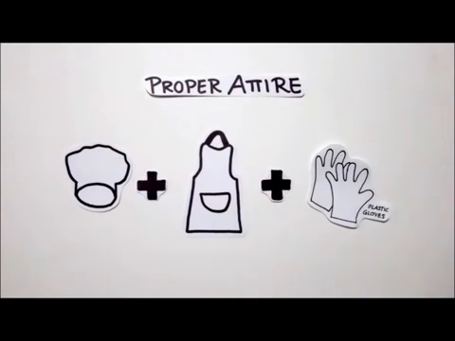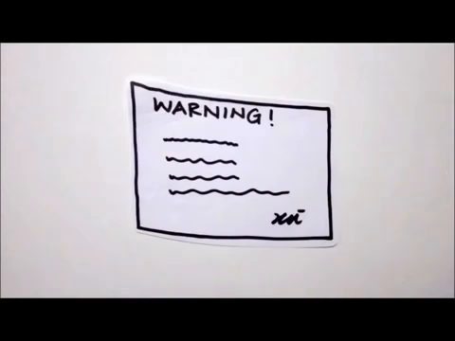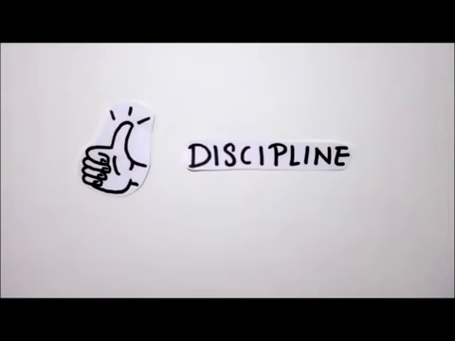Workers that are found not doing their job or not in proper attire will be issued a warning letter. With this, the discipline of the workers can be ensured, and thus lowering the chances of possible hazards from occurring, be it microbiologically or physically.